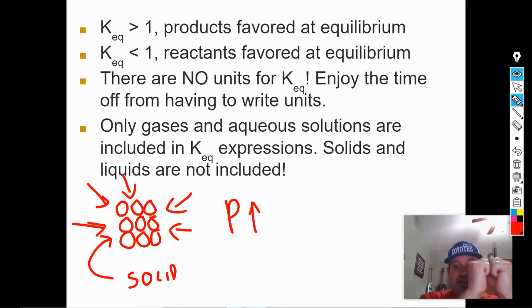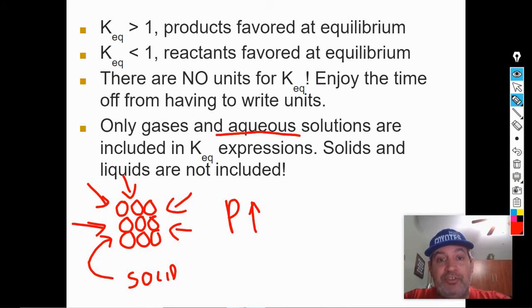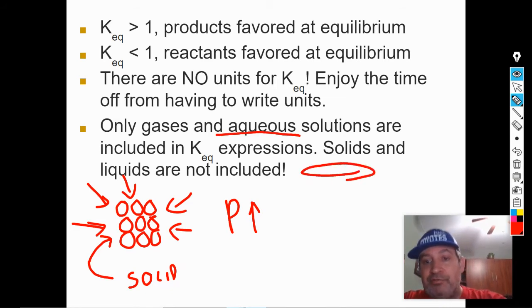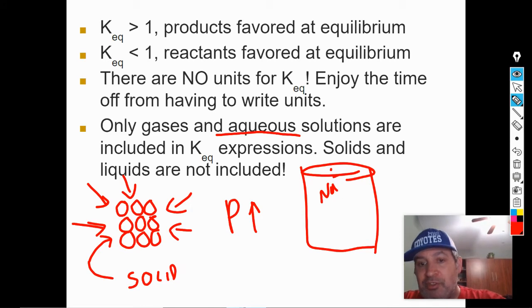So we have solid, and this is a shout out to Mr. Gibson, who used to teach at Madera South. You have solid, you have liquid, and you notice they're both close together. But what's not close together are gases. Okay, gases are all over the place. And what else is not close together are aqueous solutions. So if you have a container full of salt dissolved in water, you got a bunch of little Na plus ions and chloride ions floating around, and they're separated.